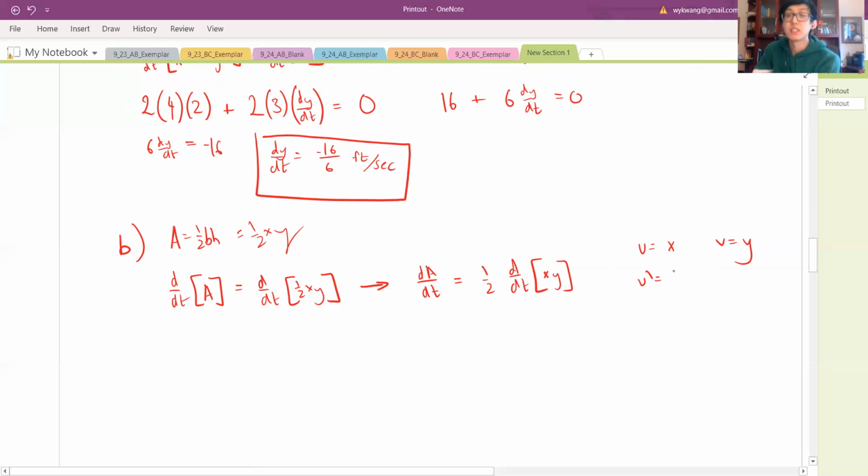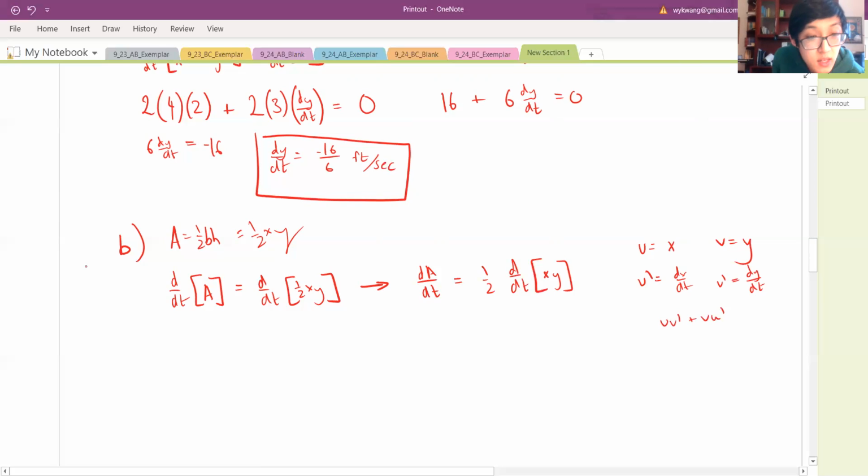Correct, but remember it's implicit differentiation. We're differentiating with respect to t, so always multiply 1 by dx over dt. So again, it's just going to be dx over dt. Now v prime is going to be dy over dt, right? Now uv prime plus vu prime.